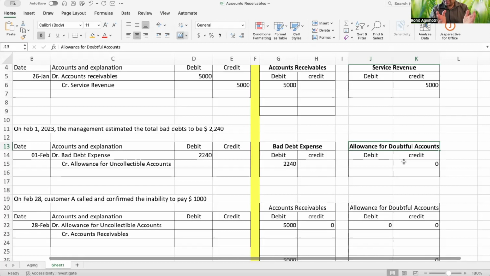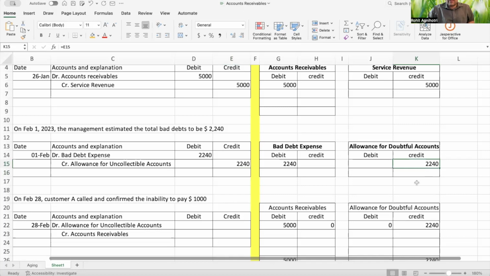It doesn't work like an asset, but it is reported on the asset side of the balance sheet. So let's see what happens. Credit for uncollectible accounts: this is your allowance account for the same amount, 2,240. Now you will see that your allowance account has a credit balance.